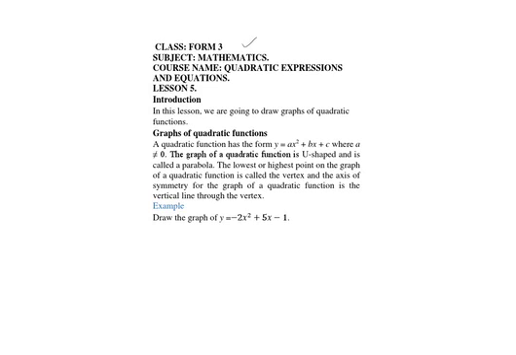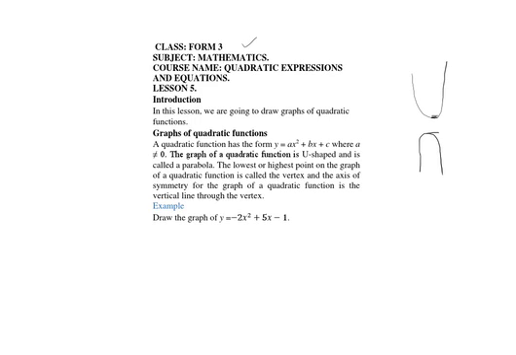If it is opening upwards like this, it means that it will have a lowest point. If it is opening downwards like this, it means that it will have the highest point.